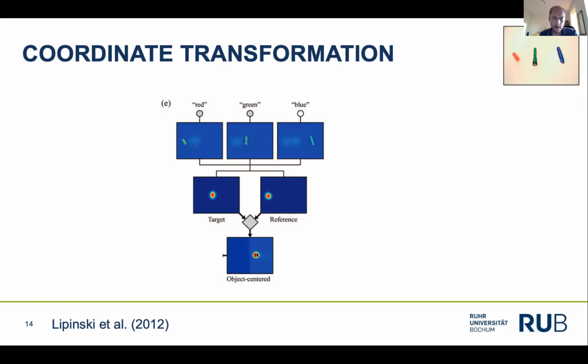So in effect, that object-centered field then forms a peak on the location of the target object in a coordinate system that is centered on the reference object. Now, since this is the reference object, we find that the green object is to the right of it, so the relative location is somewhere to the right of the center here in this relative coordinate system.